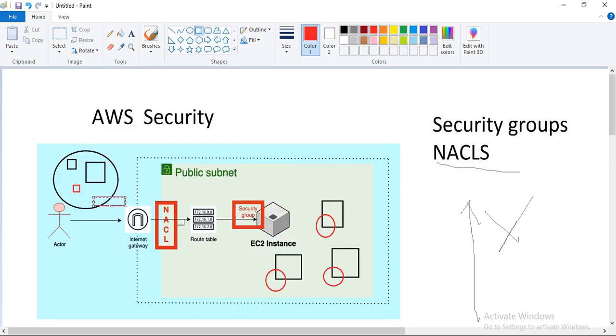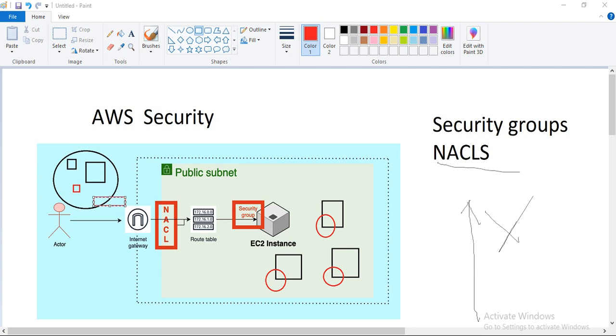We have these two parts, and if anyone gets confused, there is no need to worry. NACLs work at the subnet level, and security groups work at the instance level. One more thing to add: NACL rules can be configured to allow or deny specific types of traffic based on defined criteria.